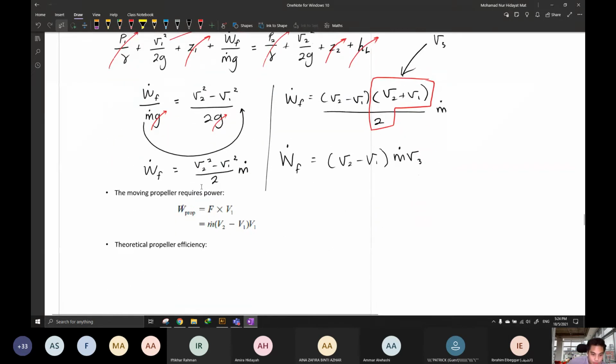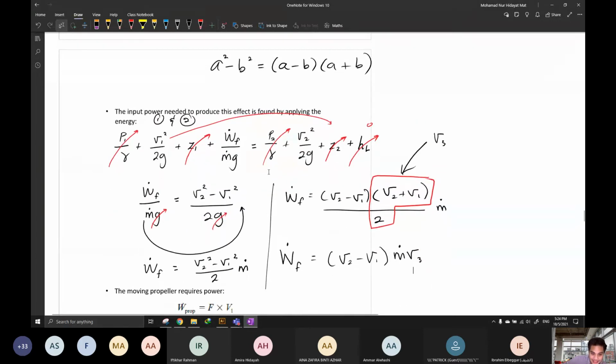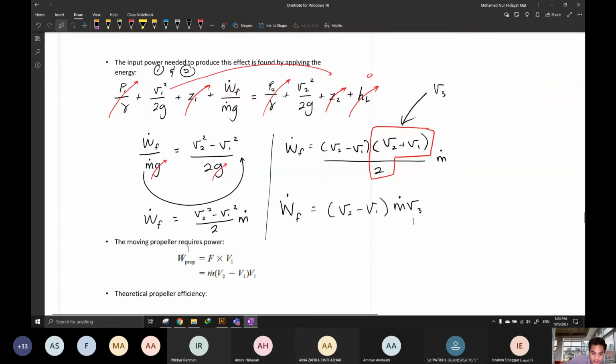Remember that this is the fluid energy extracted, this is the input, and this is the output. Because of the energy coming from the fluid, it will cause the propeller to move. That is why this is the power output from the propeller, which is force multiplied with velocity V1.